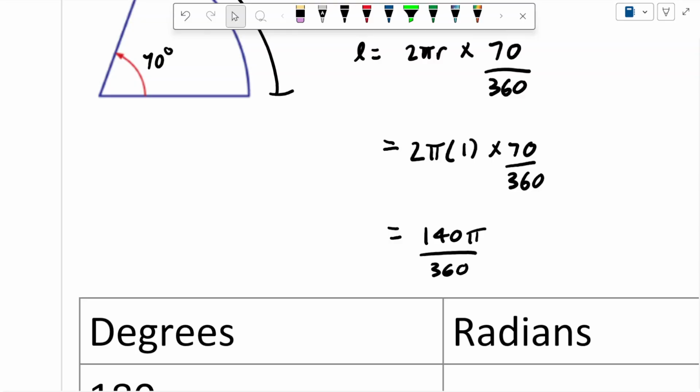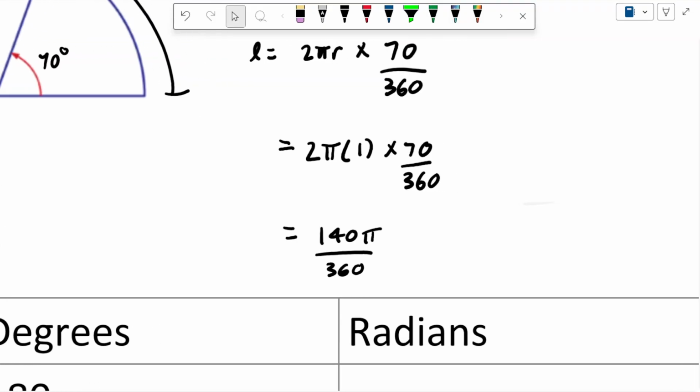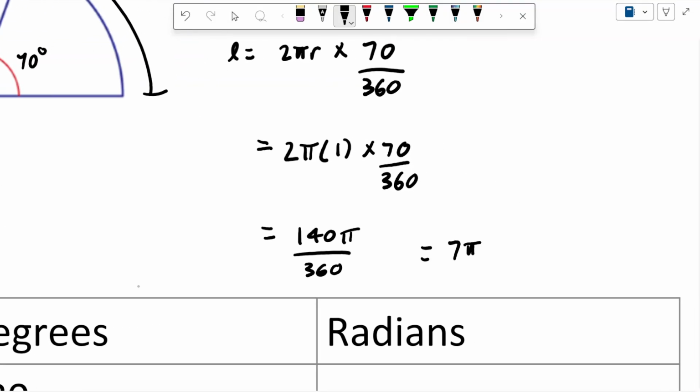And then we can try and simplify that fraction down. I'm not great at simplifying fractions, but if you look at 140 over 360 in a calculator and convert it back, it's 7 over 18. So this is 7 pi over 18.